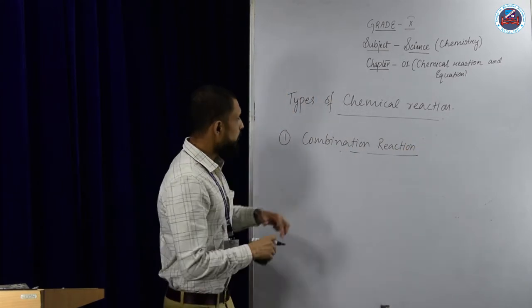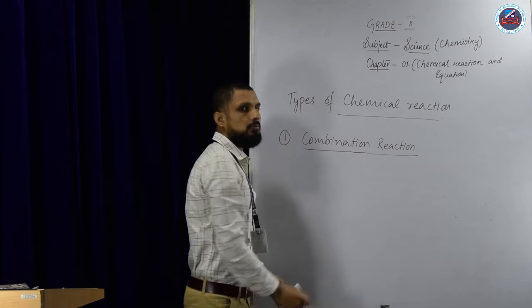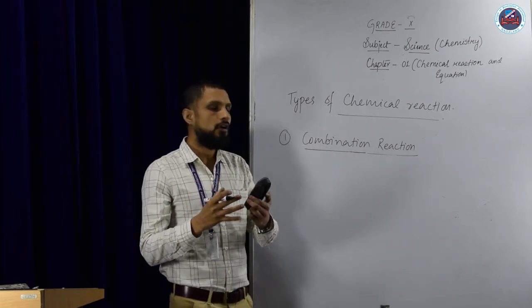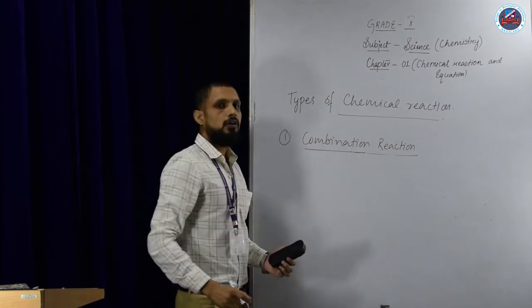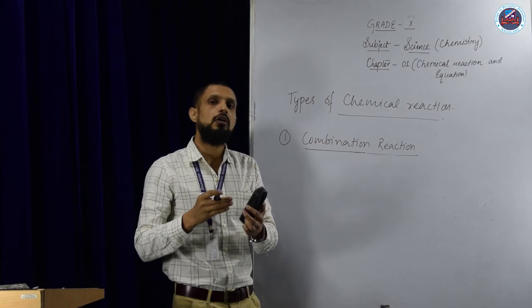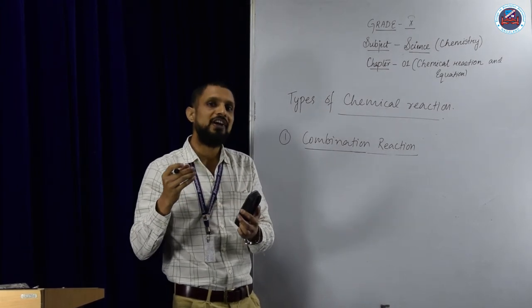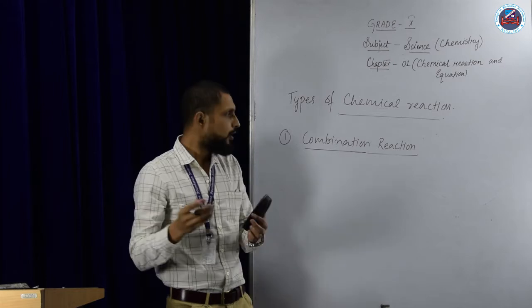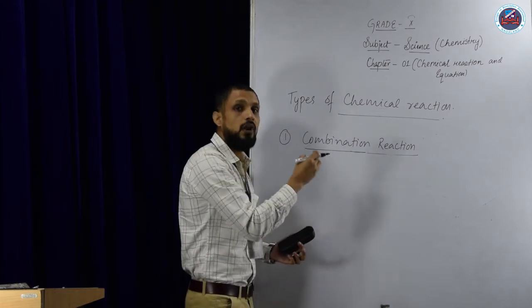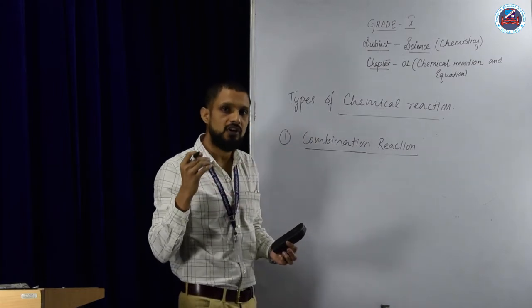From the name itself you can see combination, that means to combine. So in this reaction, 2 or more reactants will combine to form a single product. Okay? 2 or more reactants will combine to form a single product.